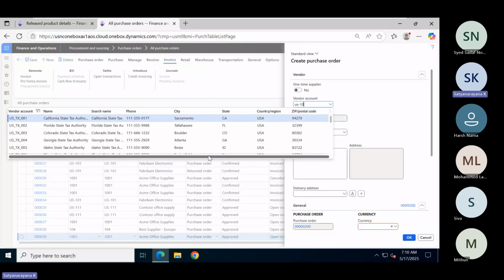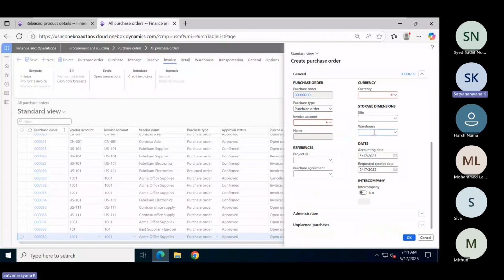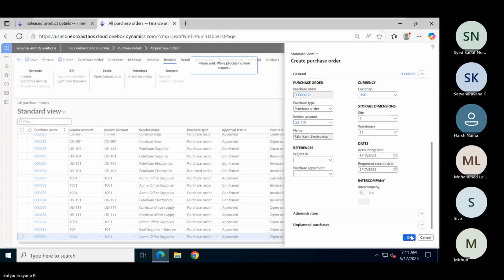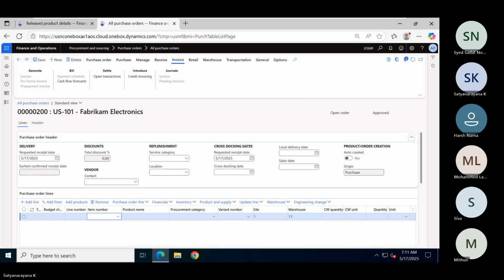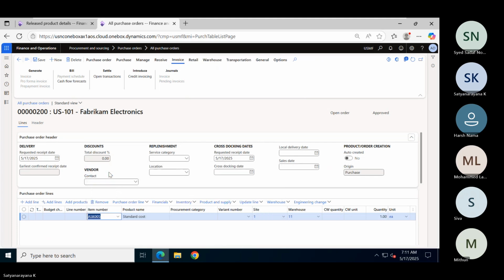Any vendor is fine, no problem. Selecting the warehouse. Click OK. Now selecting this item ASK005, standard cost method item.